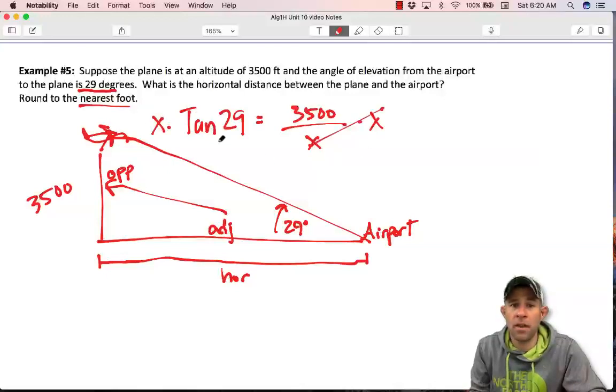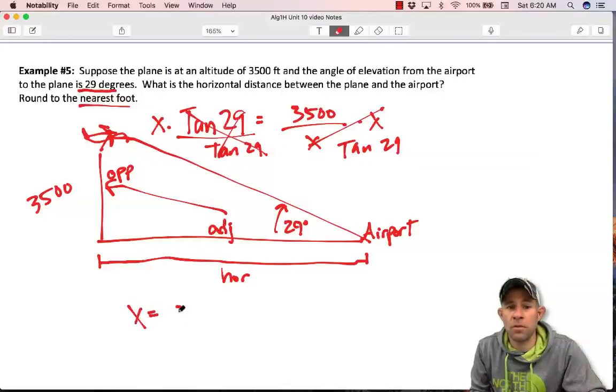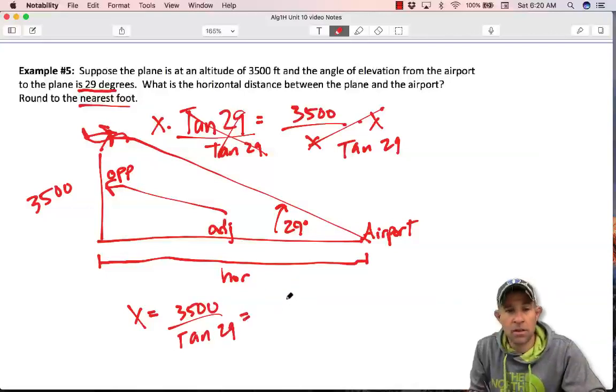That gets rid of it on this side. Then I have to divide both sides by tangent 29. So in the end, this horizontal distance x will be equal to 3,500 divided by tangent 29. And when I do that on my calculator, I should get a distance of 6,314 feet.